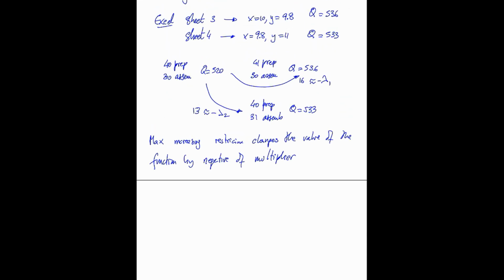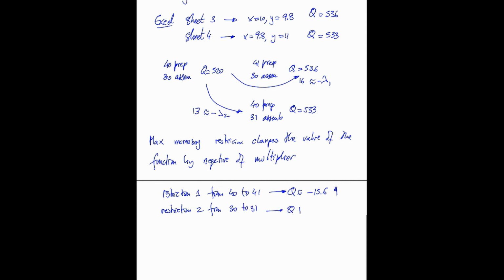In this case, if we increase restriction 1 from 40 to 41, the function q changes by approximately 15.6, that was the multiplier. While if we change restriction 2 from 30 to 31, q increases by approximately 13.